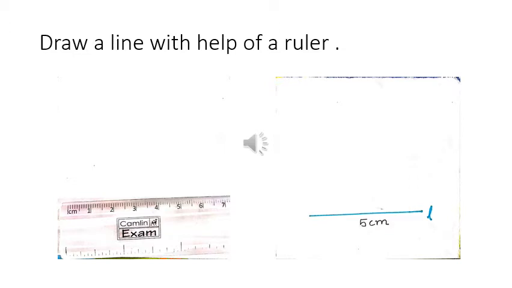Now let us discuss the activity of how to draw a parallel line with the help of a ruler only. Take a white sheet and at the back try to color it as seen on your screen. Now take a ruler and draw a line L, which I took with a length of 5 centimeters.